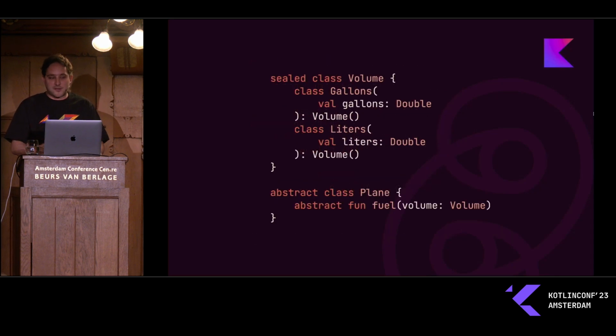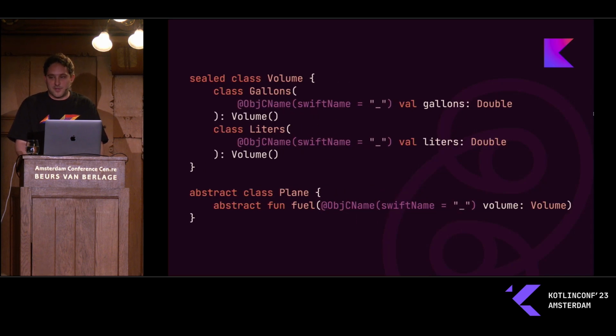Let's go back to our Kotlin code, and now we add this annotation. So it's a bit more complicated. It's ObjCName, with swiftName, okay? So this annotation basically means, in the Objective-C header, change the way the Swift name of this parameter will appear.